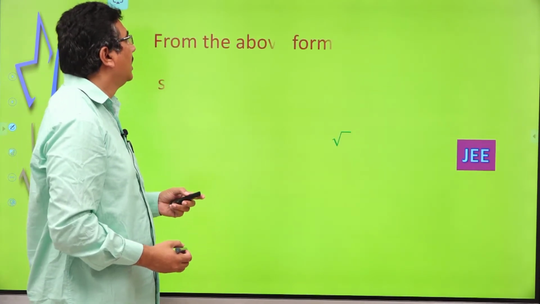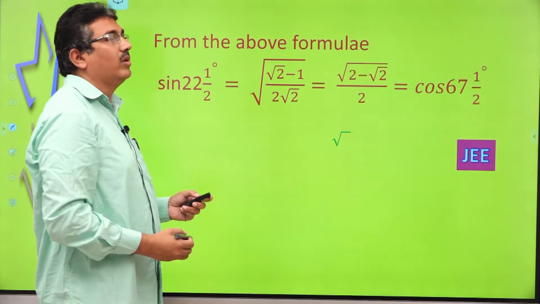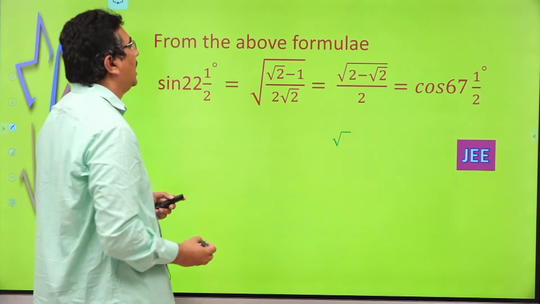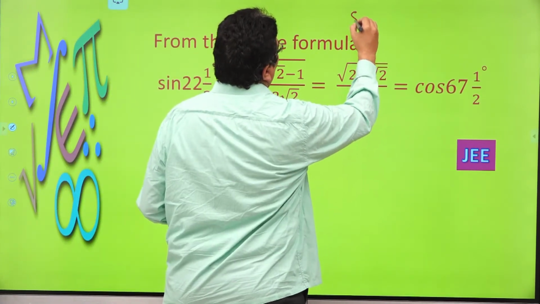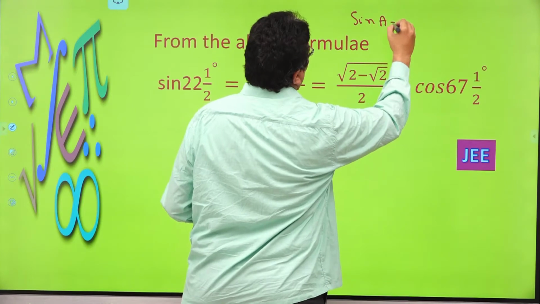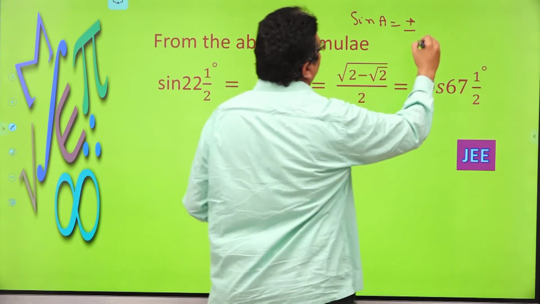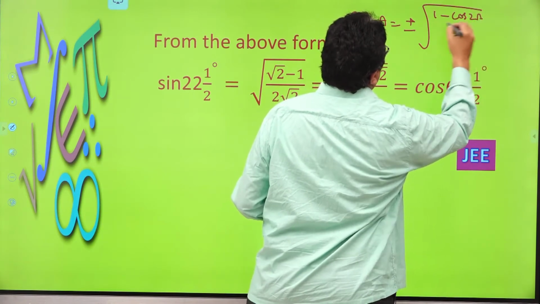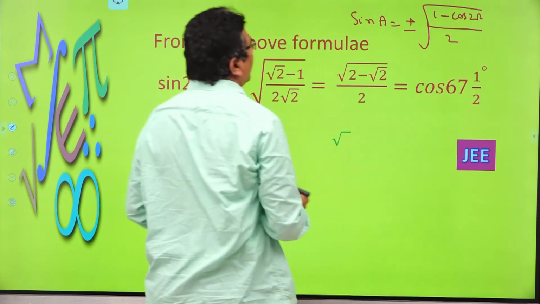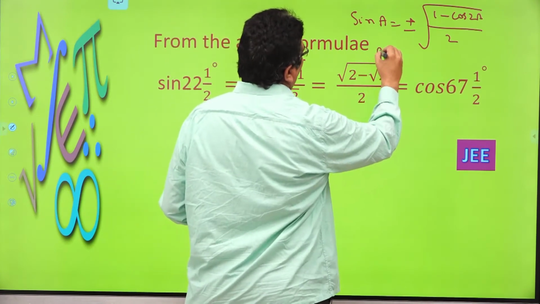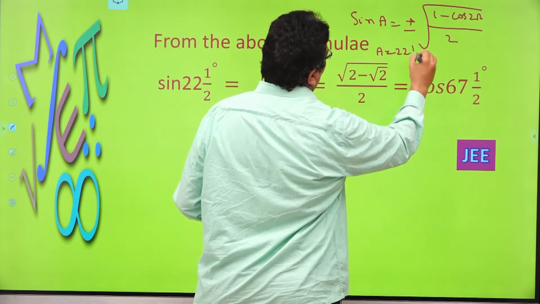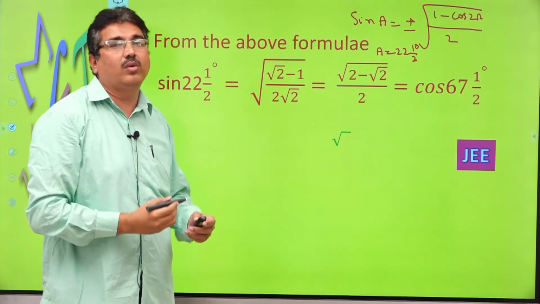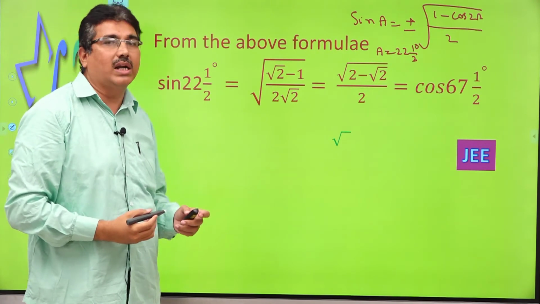Okay, now from the above formulae, we get sin 22 and half. Sin A is equal to plus or minus square root of (1 minus cos 2a) divided by 2. Put A is equal to 22 and half degrees, that is in quadrant 1.